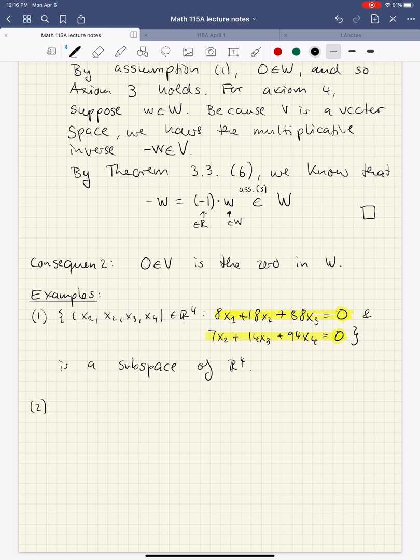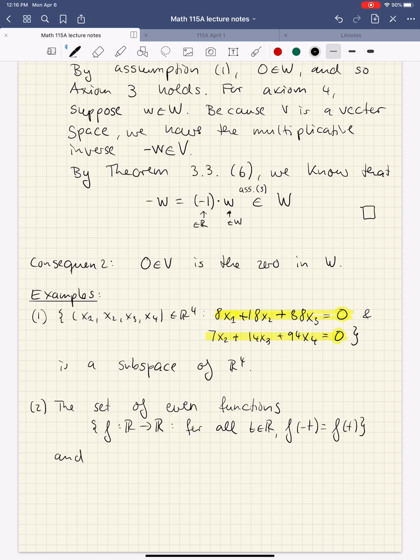Then the set of even functions is a subspace. Remember what they are, or I'll tell you what they are if you haven't seen them: for all t in R, f of minus t is equal to f of t.